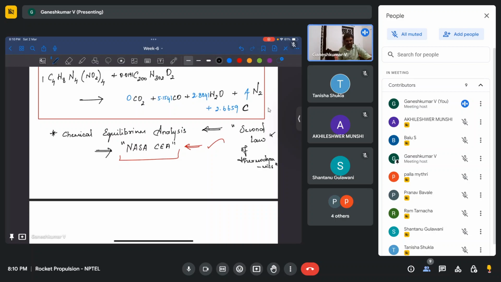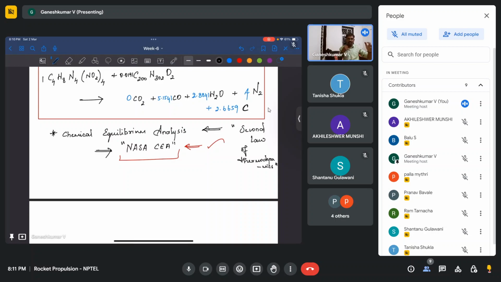The first law is what gives you the temperature, and the second law will tell you the expected state of the product mixture, which will have the highest entropy, because nature always tends to maximize entropy, right?